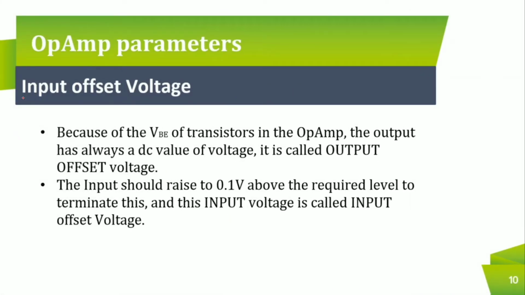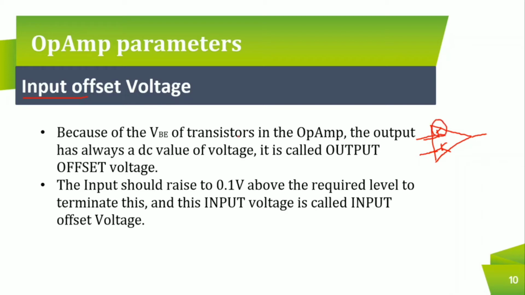Next, input offset voltage. If this is the op-amp, you have two input terminals. Inside the op-amp, at the input terminals, there will be two transistors connected to the inputs.